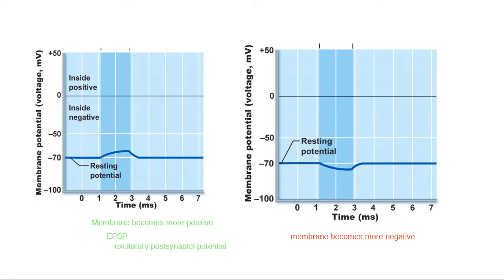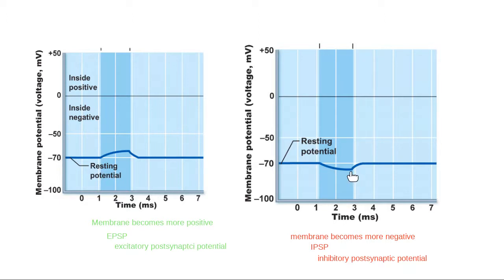If my membrane charge got more negative because I received a message, I call that an IPSP. An IPSP, that's an inhibitory postsynaptic potential.